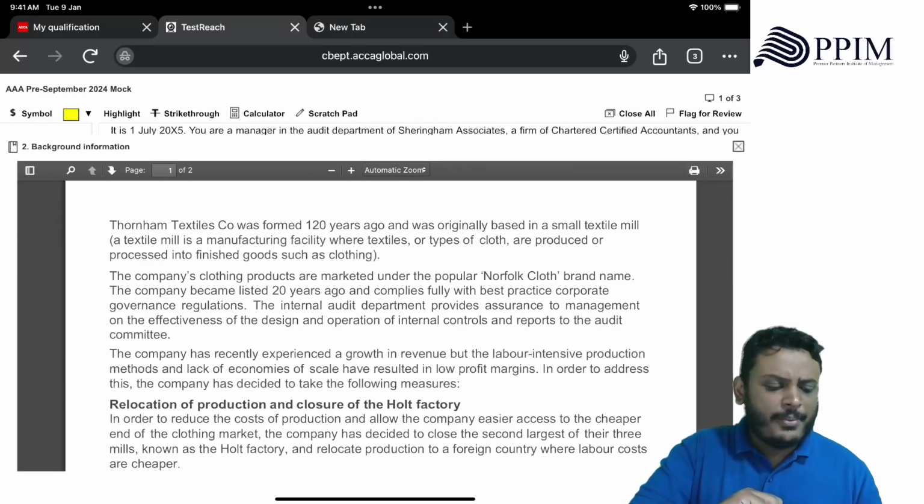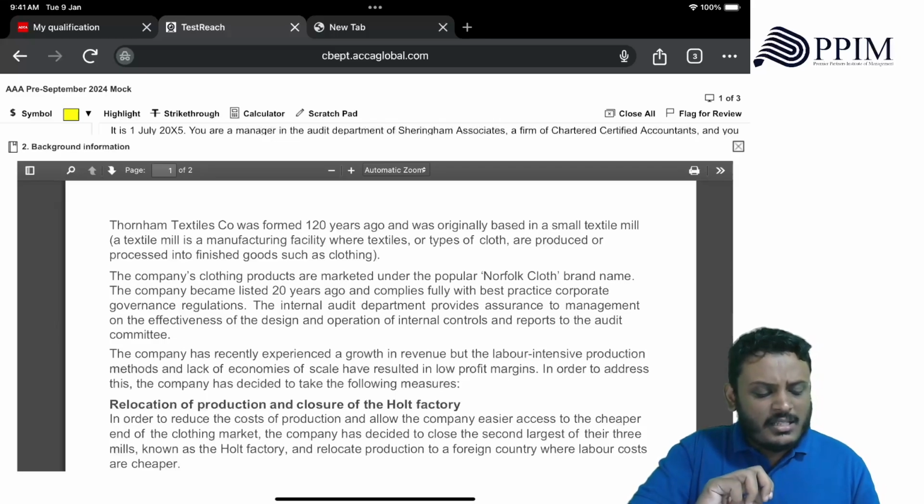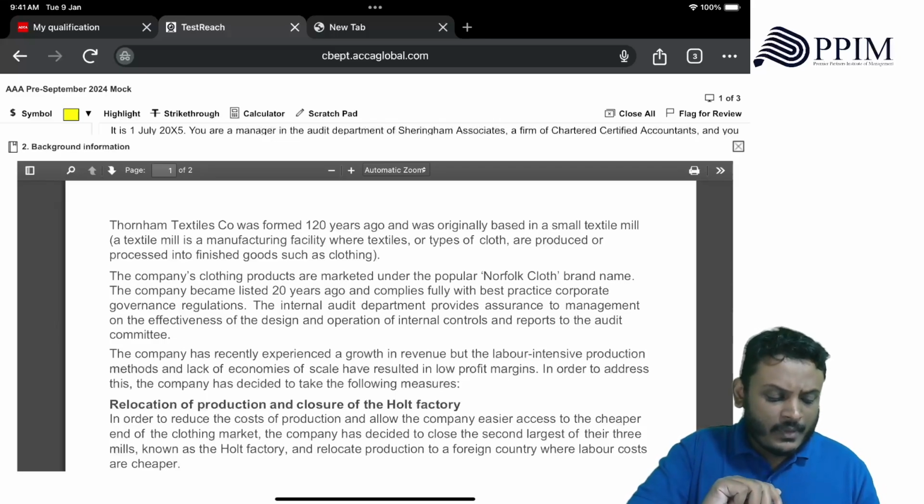Background detail is very important because this will give you KOB. What is KOB? Knowledge of the business. When we do a triple A question, the key area is how effectively we understand that problem.